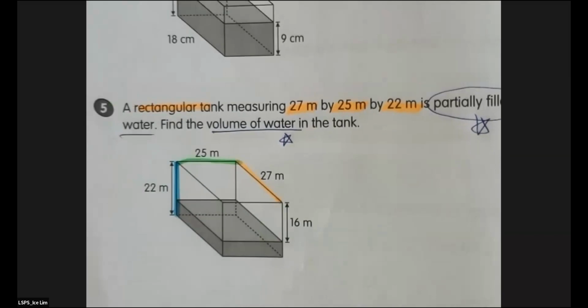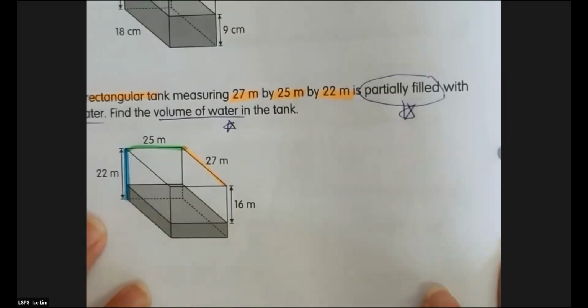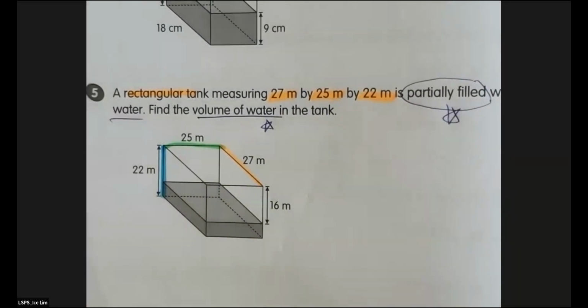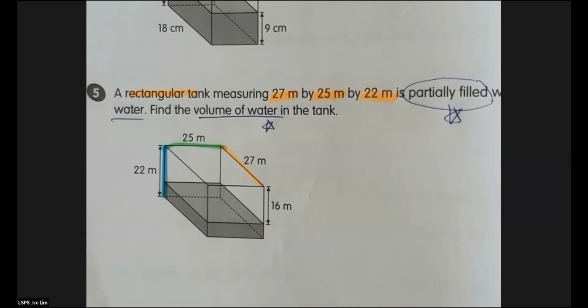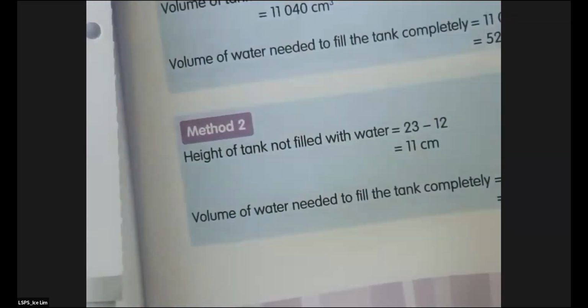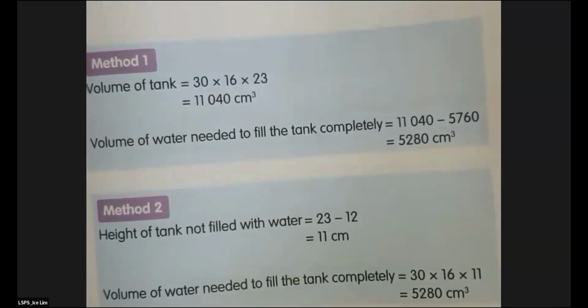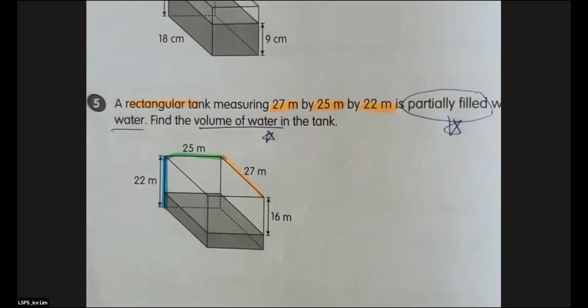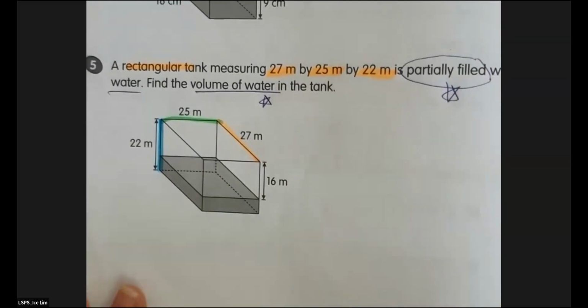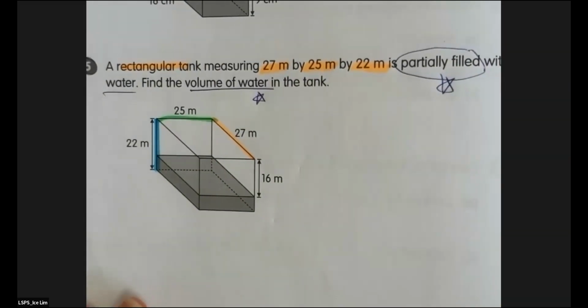Now, I'm going to go with the easiest method. There are more than one method to solve this. If you look at your textbook, there are like multiple methods. I'm going to go straight forward into the easiest method, which I think you'll be able to tell me.